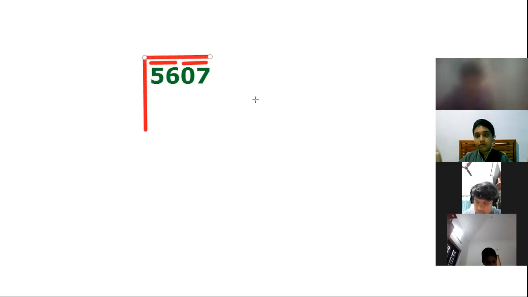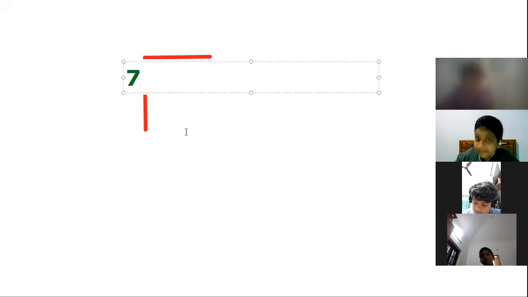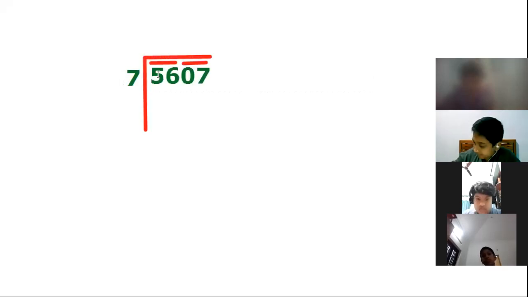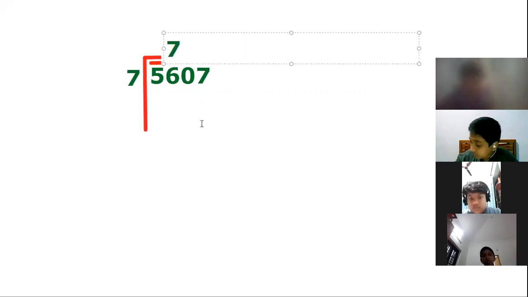And what about 8 square? It is 64. So we can say that 56 lies between 7 square and 8 square. So we have to choose the number 7. We are going to divide 5607 with the 7. That is, we place that same 7 here. 7 into 7 is 49.